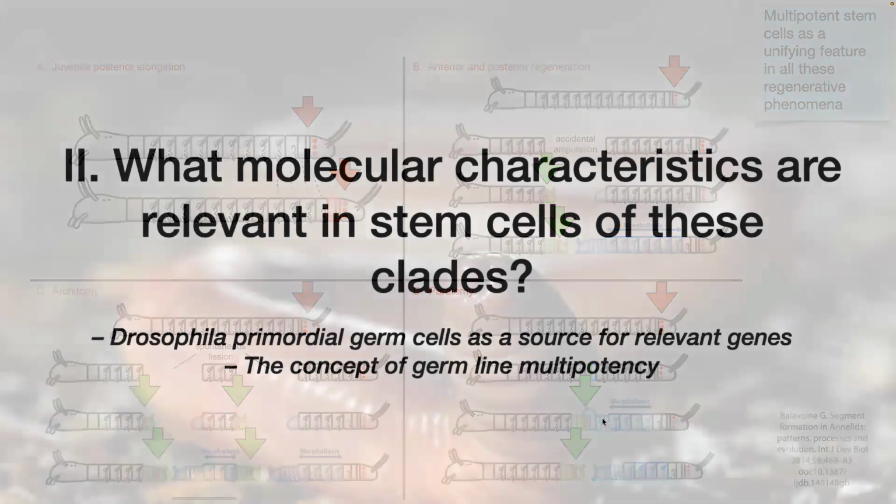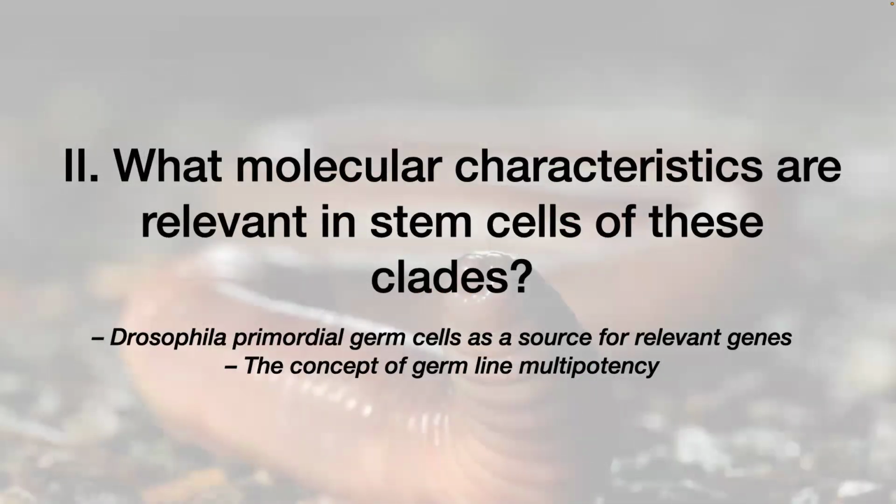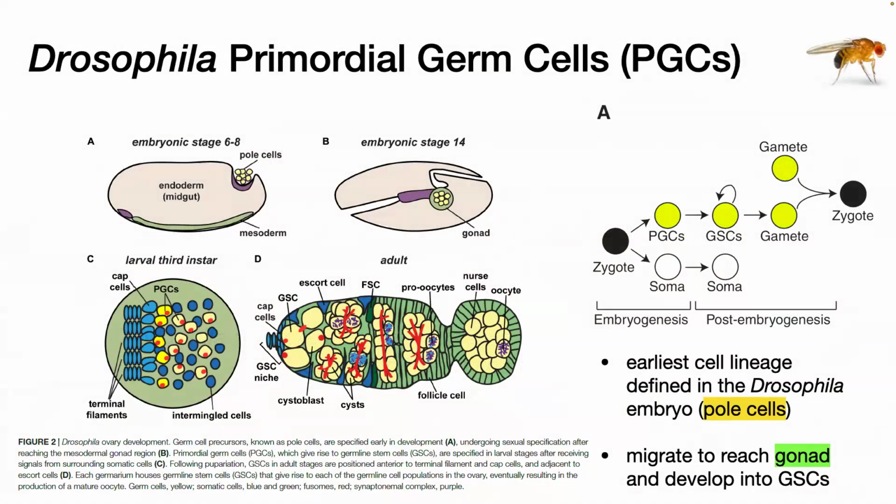And in order to motivate this, I would like to now quickly move back to the insect systems, because as I alluded to earlier in the talk, it is particularly in the fruit fly germline system that genes were uncovered that later turned out to be very relevant also for other stem cell biology in other invertebrate groups. So this leads me to a slide that summarizes quite a bit of insect germline biology.